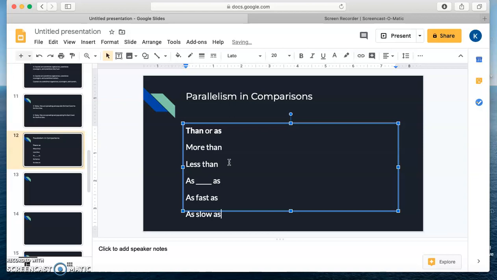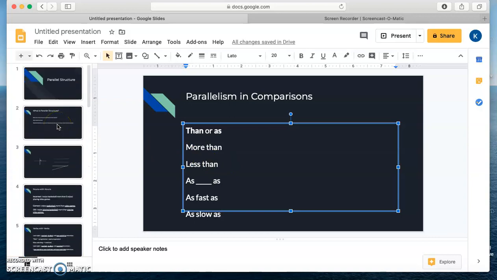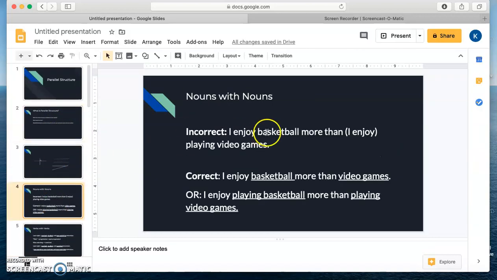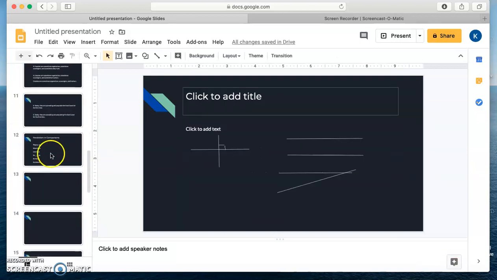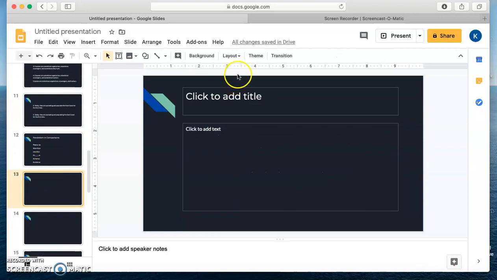We often use these comparisons in our sentences. Again, very first sentence, I enjoy basketball more than I enjoy playing video games. I enjoy basketball more than I enjoy video games.